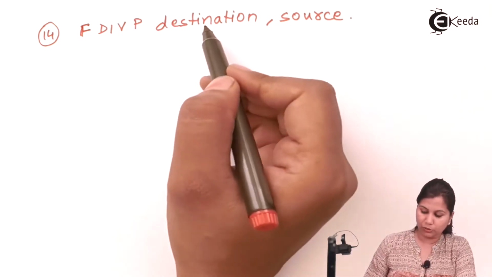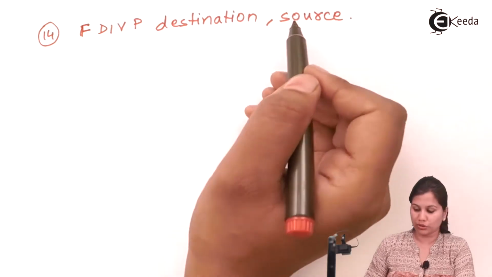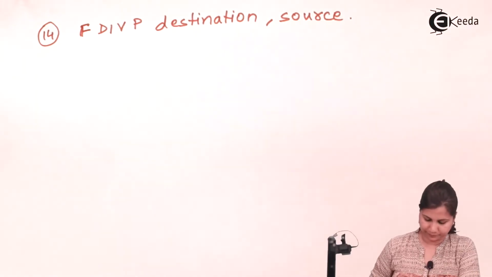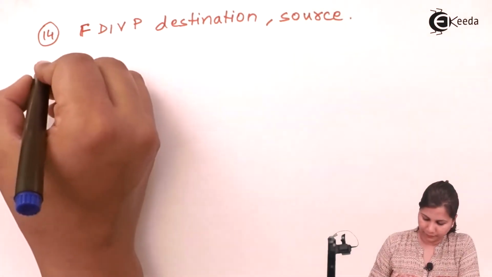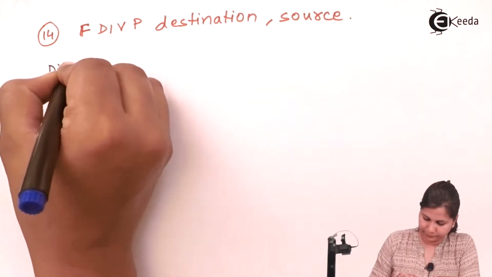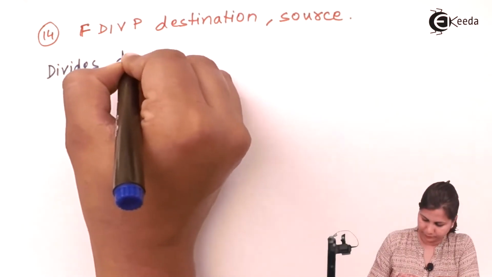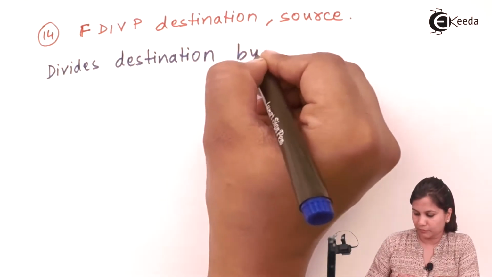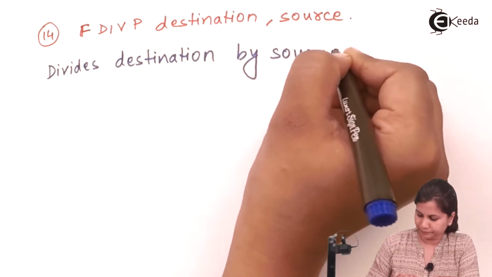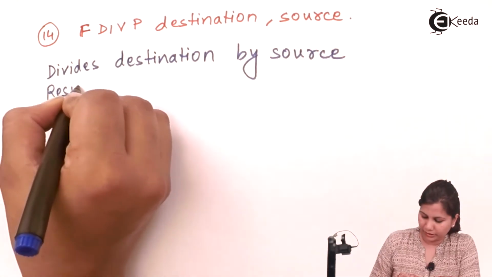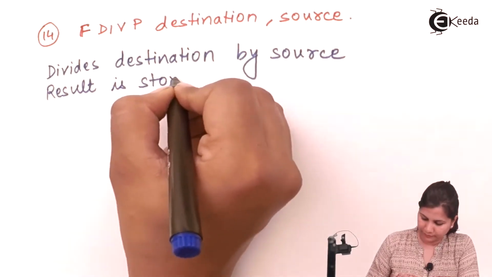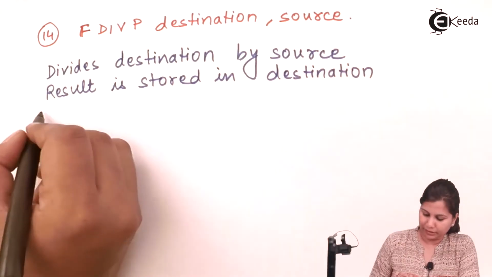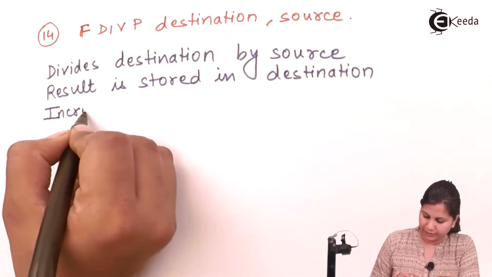This instruction is also going to divide the destination by the source, and then it is going to increment the stack pointer by 1. It divides the destination by the source, the result is stored, and another thing that happens is the stack pointer is incremented.